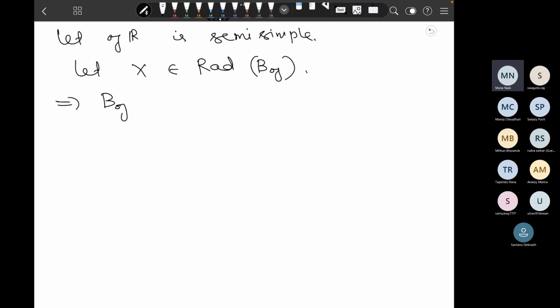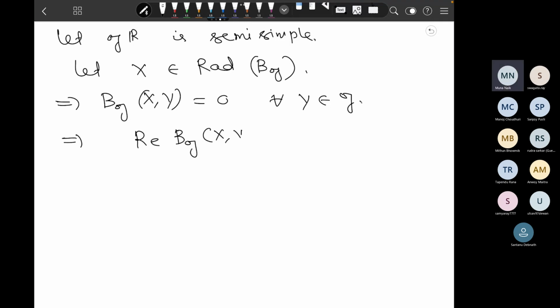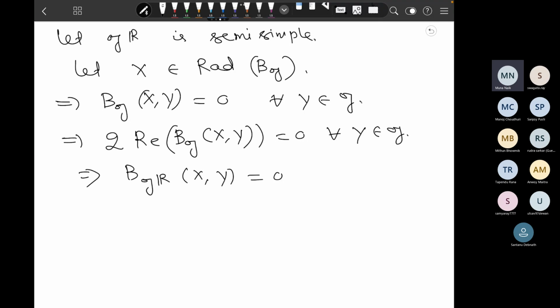That means B_G(x, y) is equal to 0 for all y belonging to G. Certainly this will imply that the real part of B_G(x, y) is equal to 0 for all y belonging to G, and this will also imply that 2 times the real part of B_G(x, y) is equal to 0. That will give you that B_{G_R}(x, y) is equal to 0 for all y belonging to G_R.